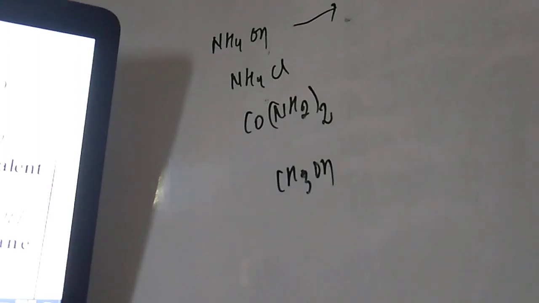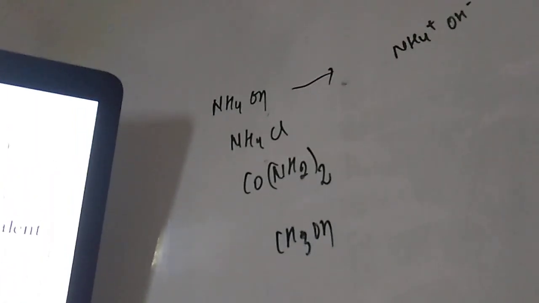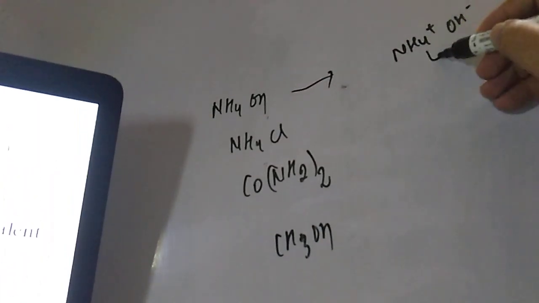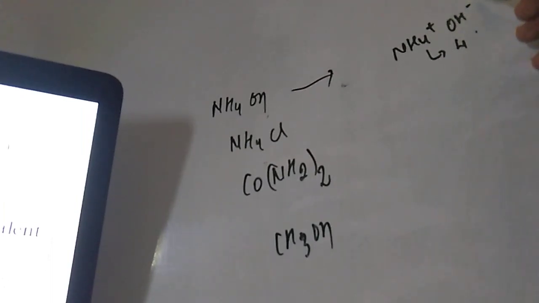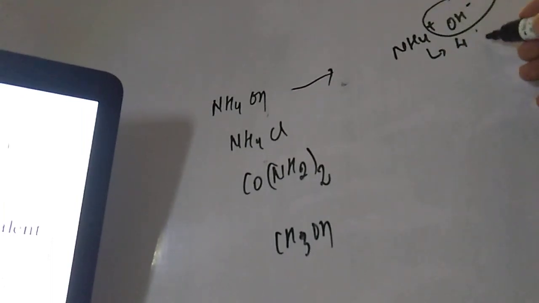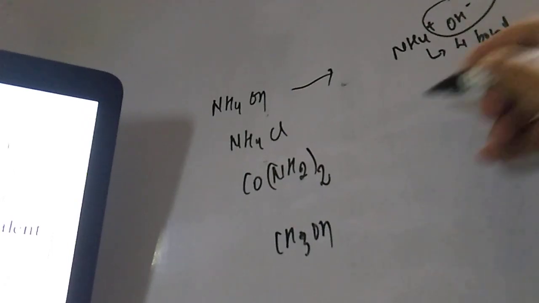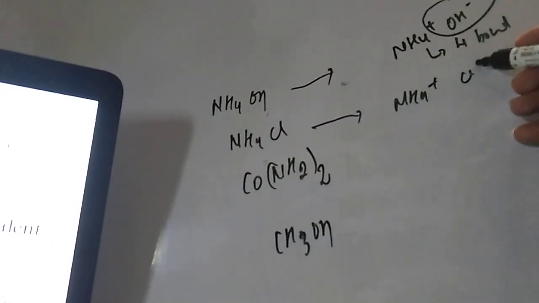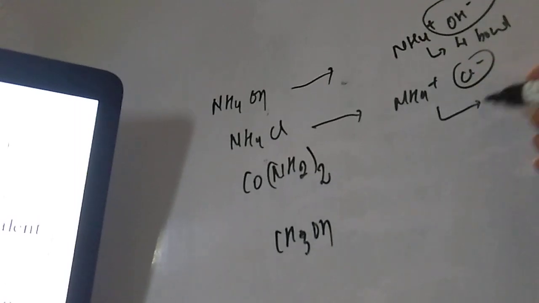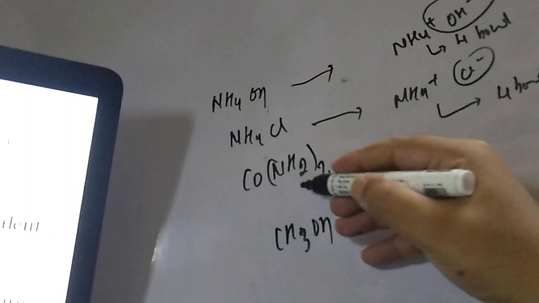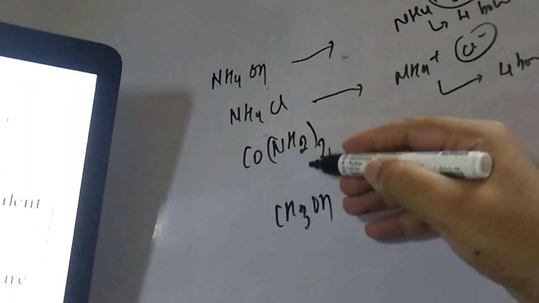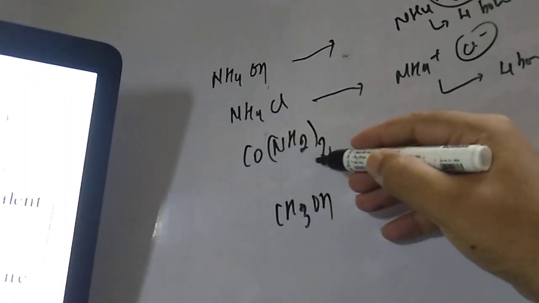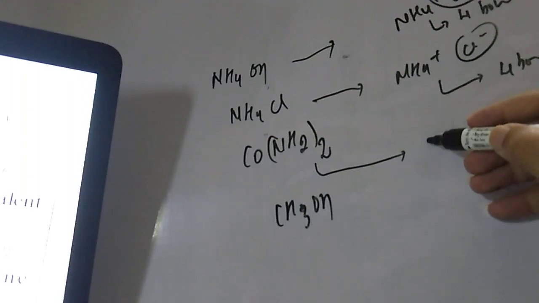This is an ionic compound, it gets ionized. So the total covalent bonds are 4, because this is the ionic bond, so we are considering only 4. If you take NH4Cl, it will give NH4+ and Cl minus. So here also the maximum is 4 bonds. Here, if you see CH3NH2, how many bonds will there be?